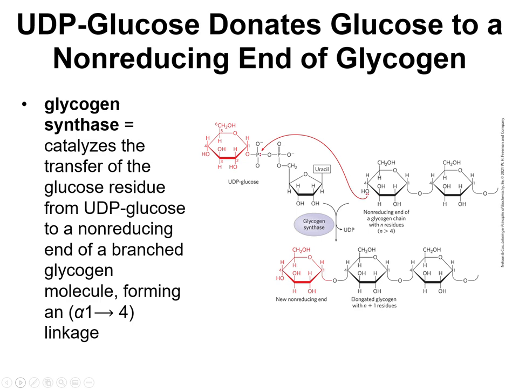The mechanism is shown here. You've got the non-reducing end of a glycogen chain, but there is still a hydroxyl group here, and that oxygen can actually attack the phosphorus in the pyrophosphate, so the DP part of the UDP.